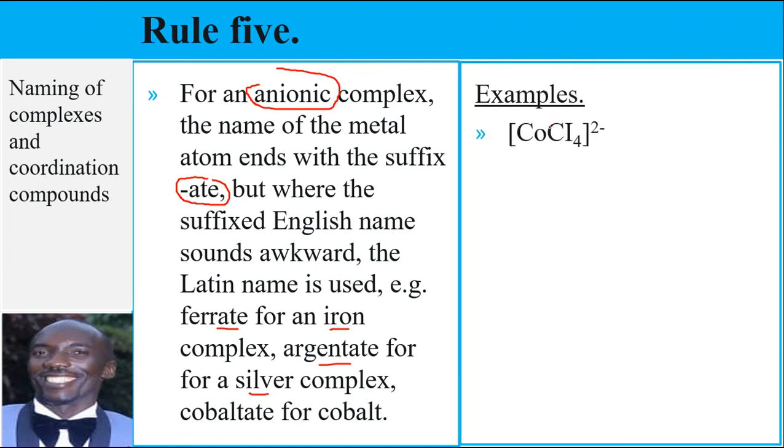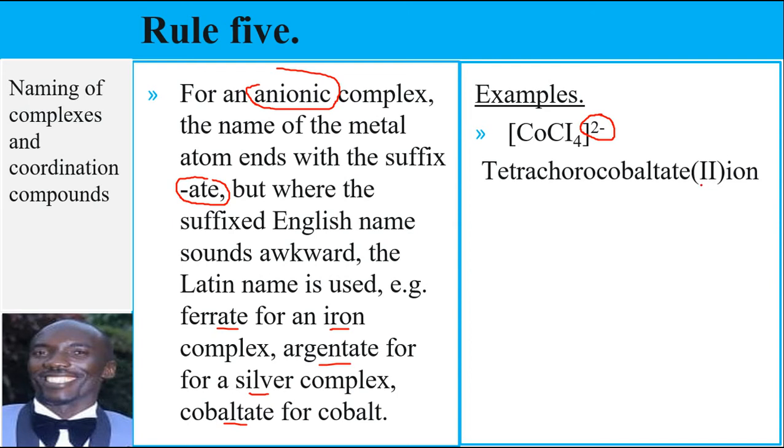So we have, for example, this example whereby the overall charge or the net charge is 2 minus. So cobalt is going to change its name from cobalt to cobaltate. So this one becomes tetrachlorocobaltate(II) ion.